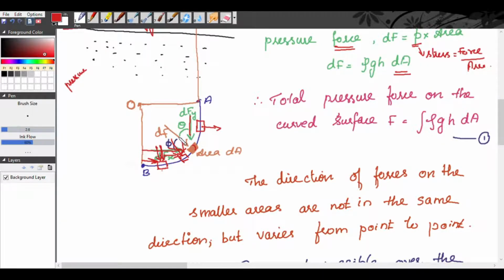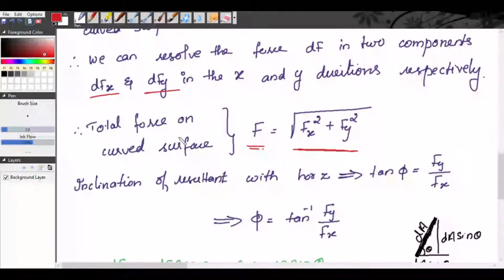So now you can resolve every smaller area into horizontal and vertical components and you can take the integration.